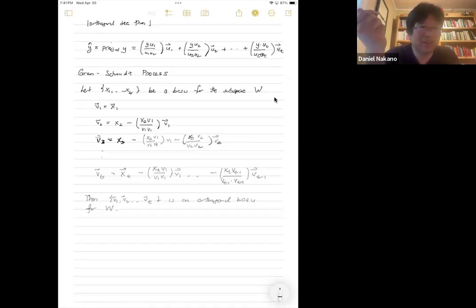So if I reordered this and started with x2, then your basis would be different. It'd be oriented relative to the second vector instead of the first vector. So it's a good question. Okay, other questions?